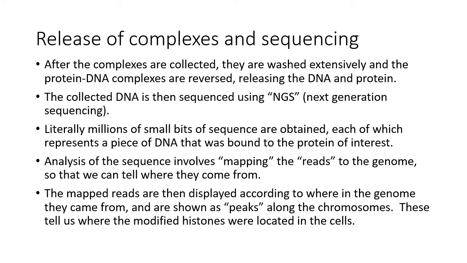So literally millions of bits are obtained, each of which represents a piece of DNA that was bound. Mapping the reads to the genome is very critical, because each of those millions of reads has to be placed wherever it came from, and then these are displayed according to where they came from and shown as peaks. So this will tell us where the modified histones were in the cells that we're looking at.